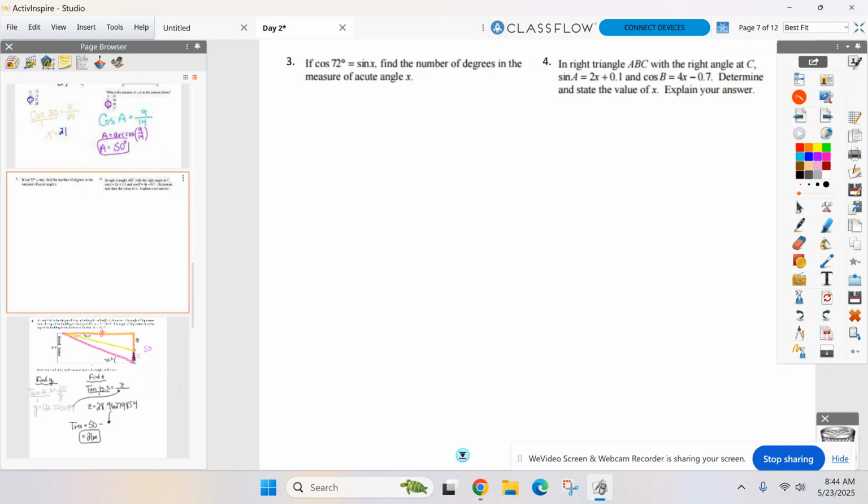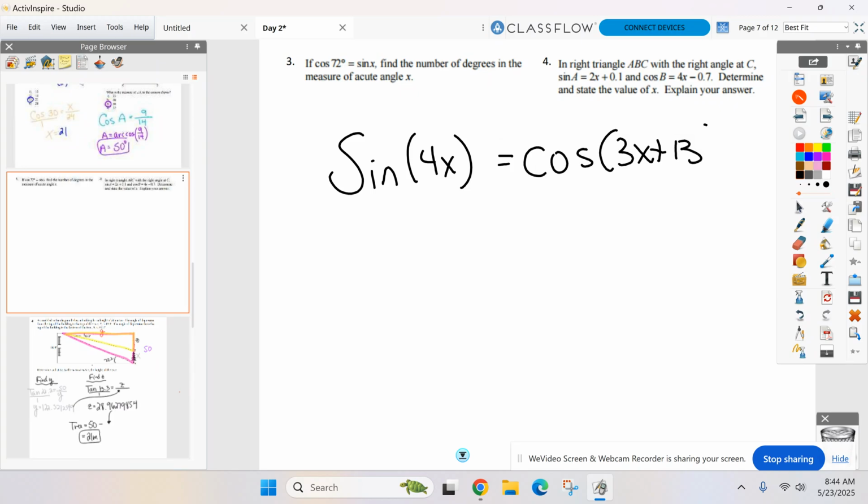A little fact about sine and cosine. I know you guys don't remember it. Let me write it up here. All right, they're asking for the smaller angle up here. And I know most of you probably, without the review, would just set 4x equal to 3x plus 13 and go to town.